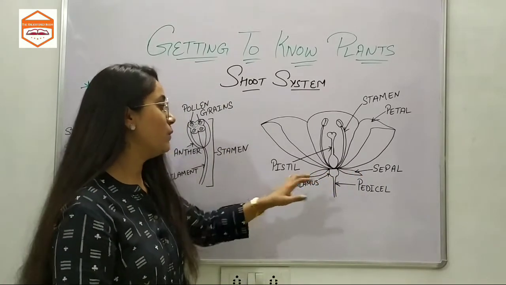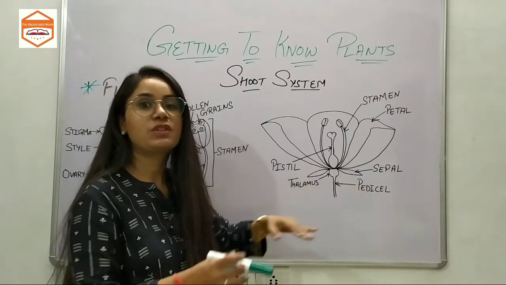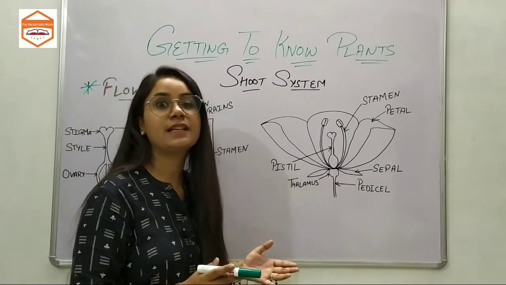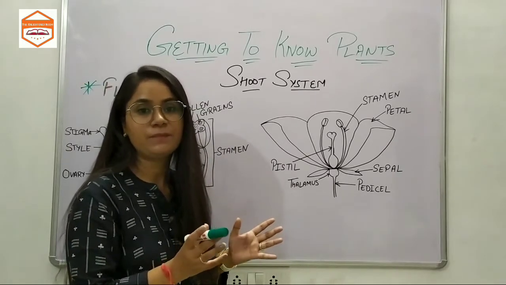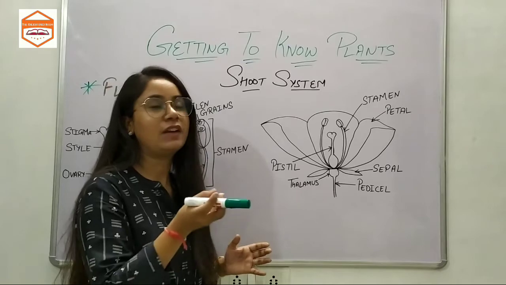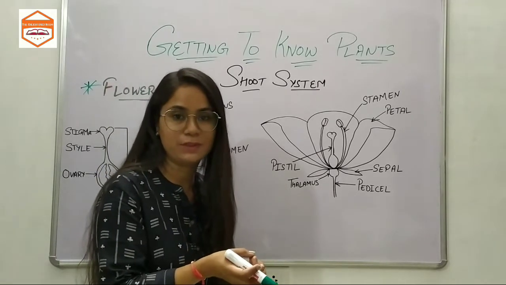What are these sepals? Sepals are leaf-like structures which protect the flower during its budding stage. When it is a bud, it is not a fully grown flower, it is just the early stage of a flower.